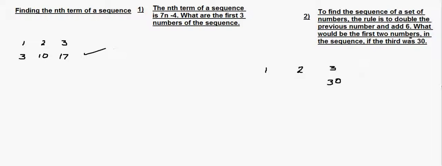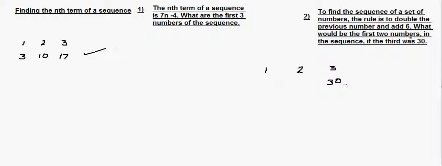I've not got an nth term, but they have told me the rule. The rule is to double the previous number and add 6. So whatever was here was doubled, and then they added 6 and they got the number 30. Well, we're going backwards.